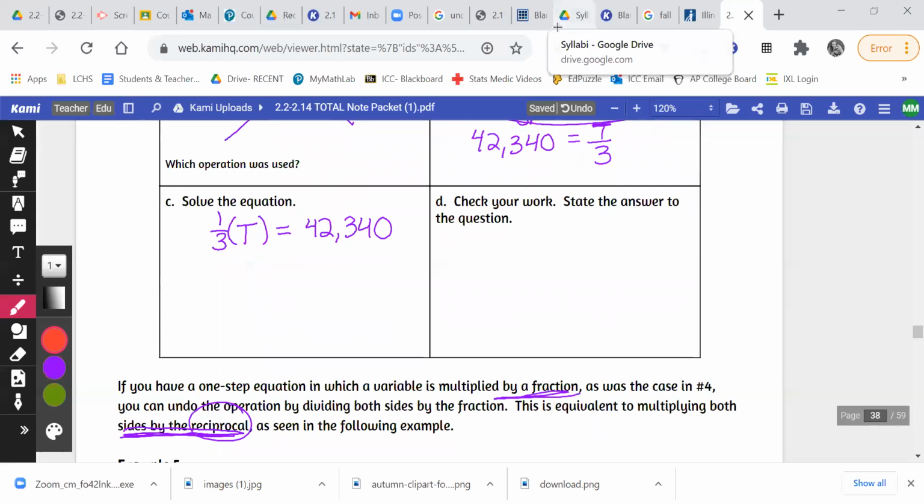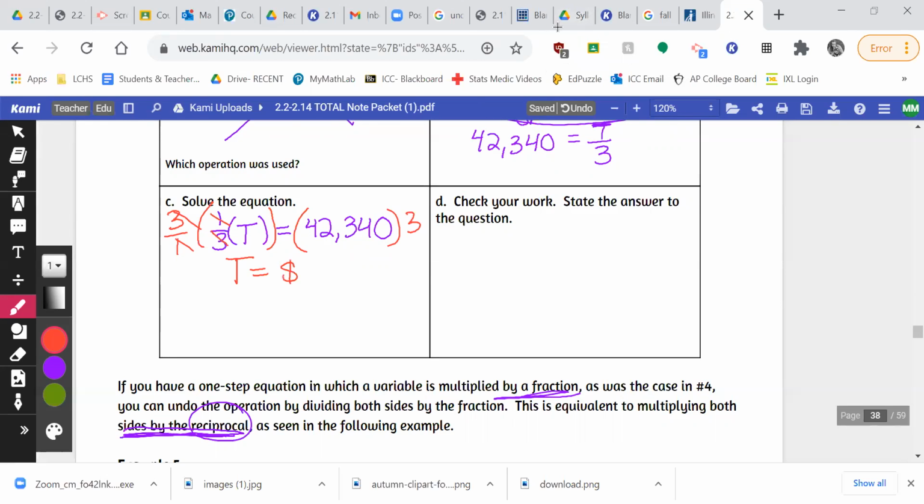So I'm going to multiply by the reciprocal, which is the same as multiplying by 3/1 or just 3. So you would just multiply both sides by 3, because remember, 3/1 and 3 are the same. So that cancels everything out over here. And now I just have 42,340 times the 3.